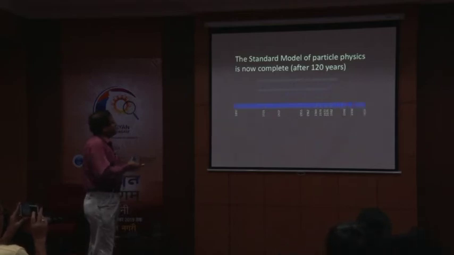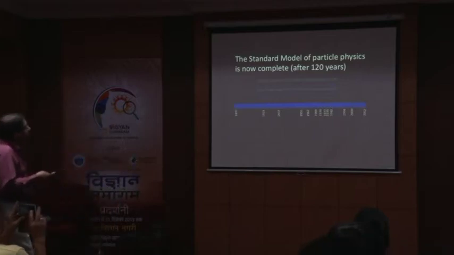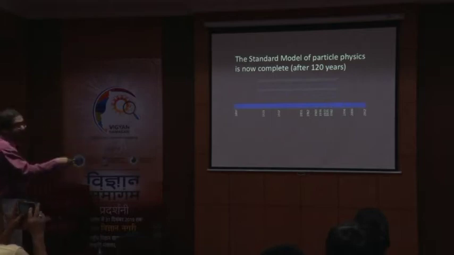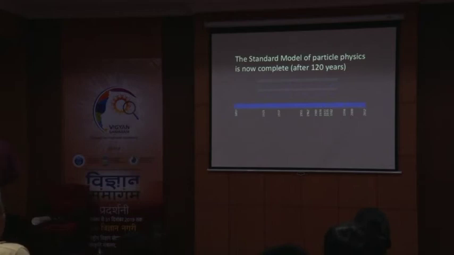And meanwhile, in 2000, the tau neutrino was discovered by the DONUT collaboration. Where is the tau neutrino? Here. And the 2012 story about the Higgs we are going to cover very briefly, and that will be later.